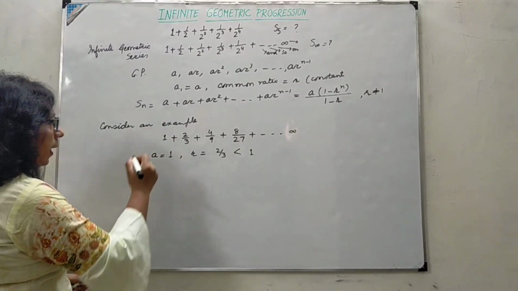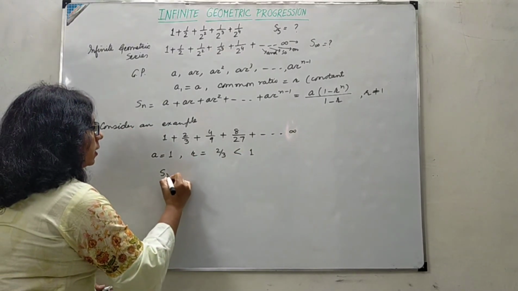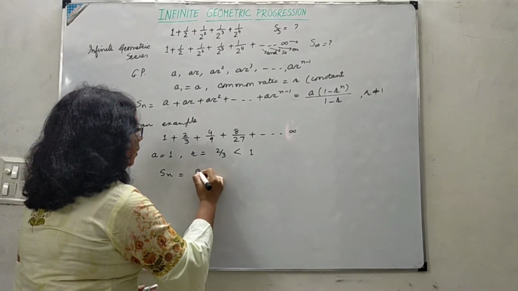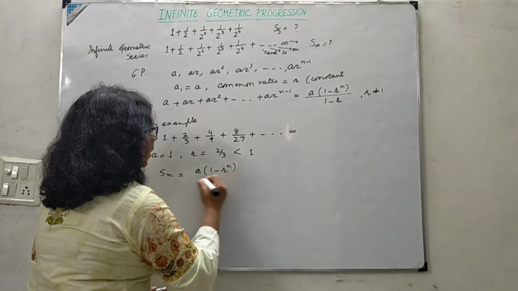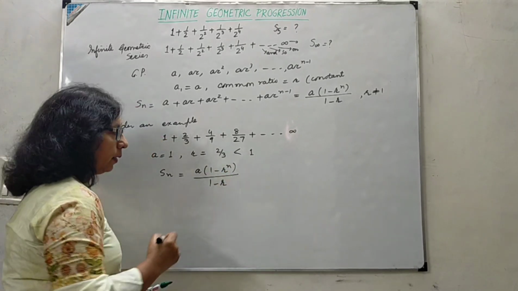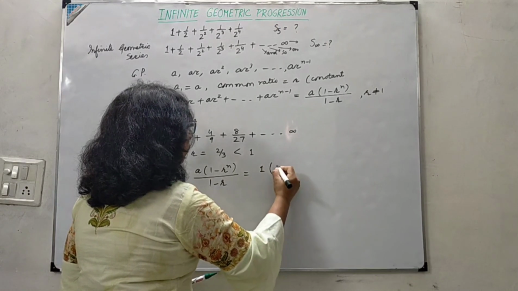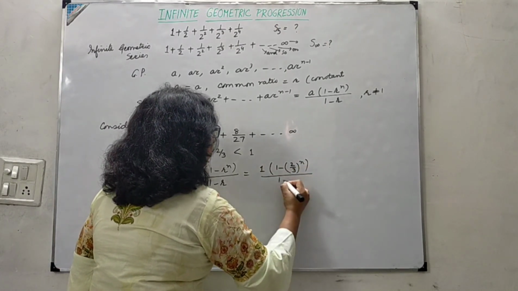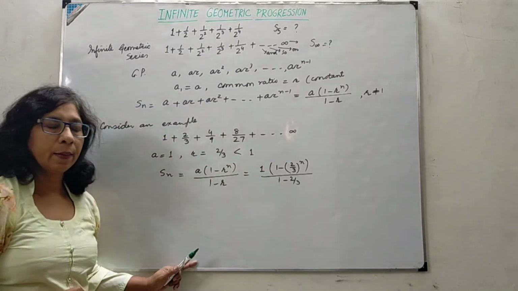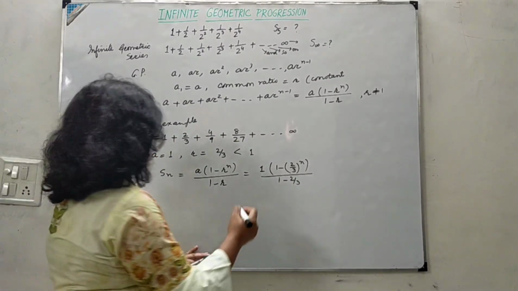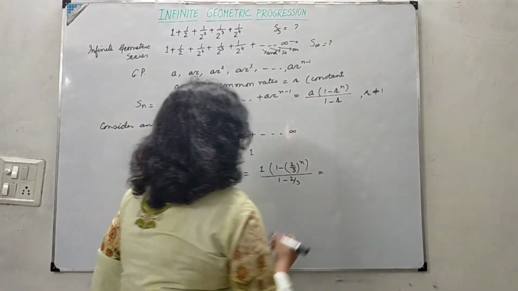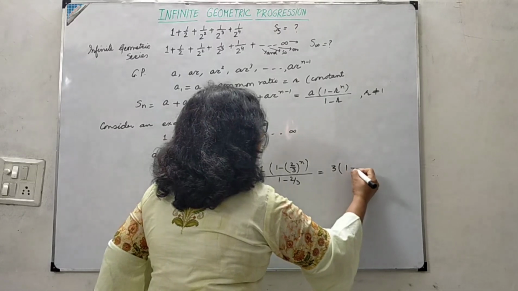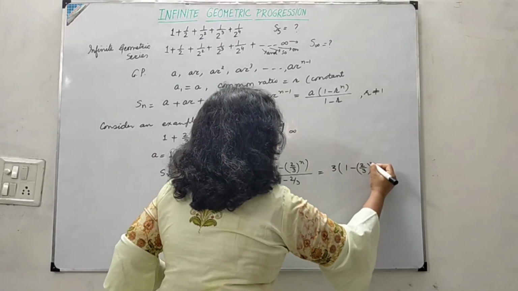If we apply the formula Sn for n terms, a into 1 minus r to the power n upon 1 minus r, that becomes 1 into 1 minus 2 by 3 to the power n upon 1 minus 2 by 3. After simplifying, I am getting 3 into 1 minus 2 by 3 to the power n.